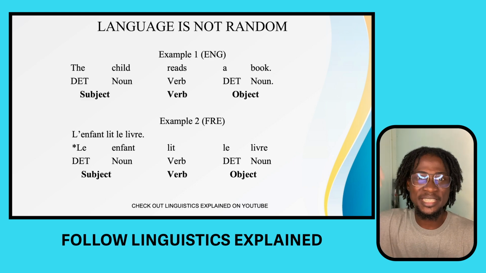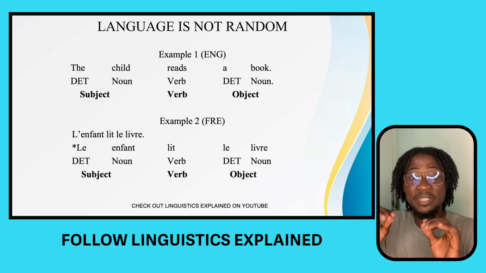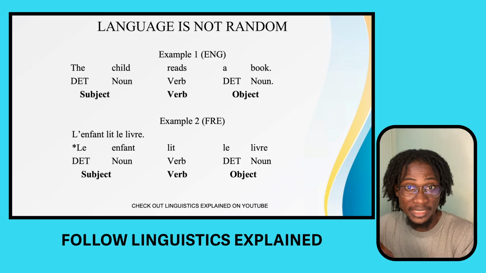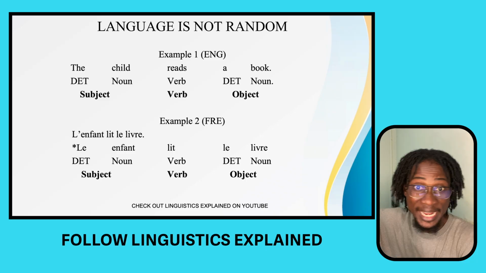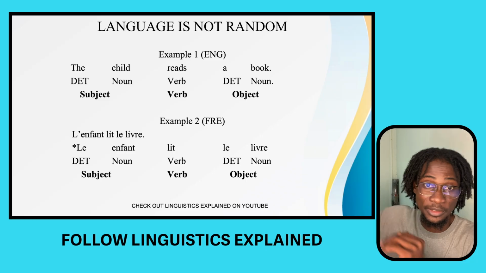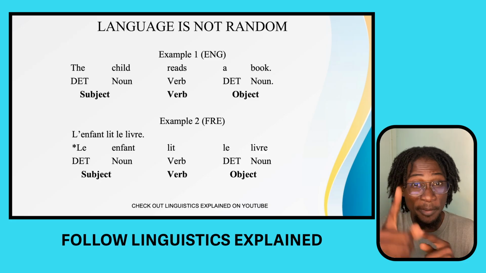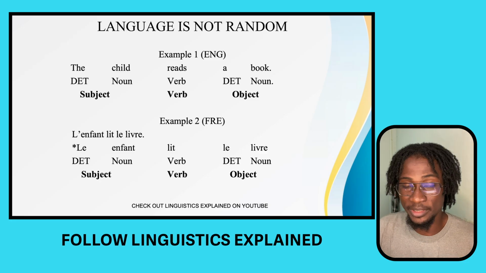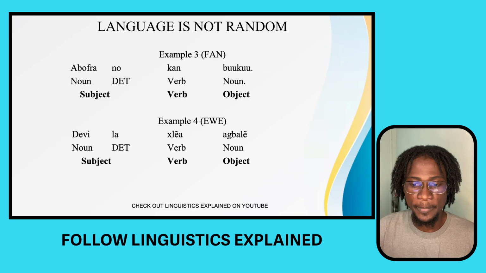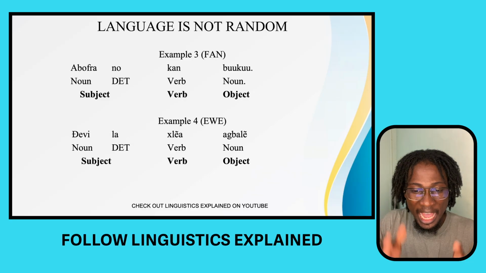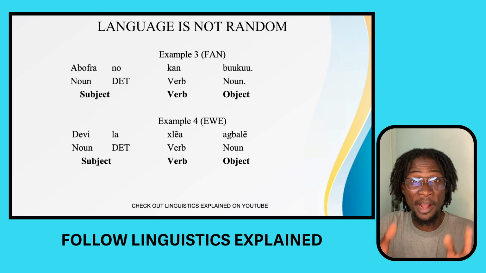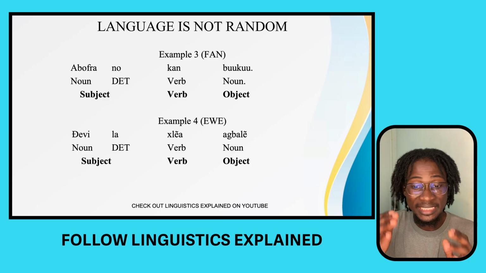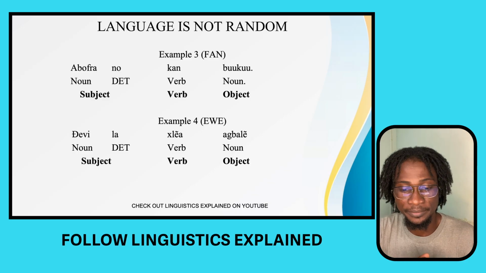In fact, there are languages that flip the structure. Some languages have subject followed by object and then the verb. And they exist, Japanese and so on. Remember what I asked you to look at? The subject structure. Let's go to our Akan languages, in fact, our Ghanaian languages. Abofra no kan buku. The child reads a book.